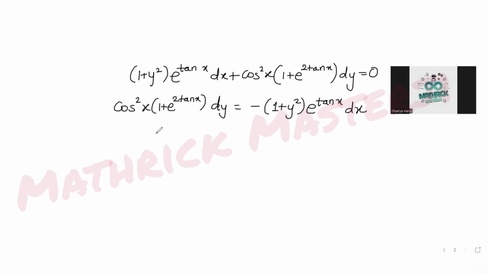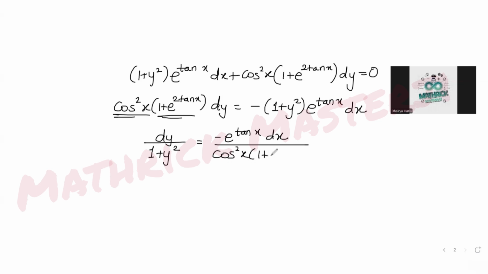If I take all the terms of x on one side and all the terms of y on the other side, I can write dy over 1 plus y square equals minus e raised to tan x dx, and these two terms come on the other side, so it gets divided by cos square x and 1 plus e raised to 2 tan x.